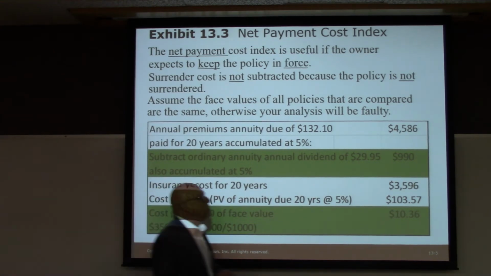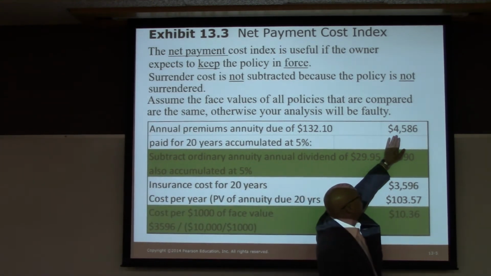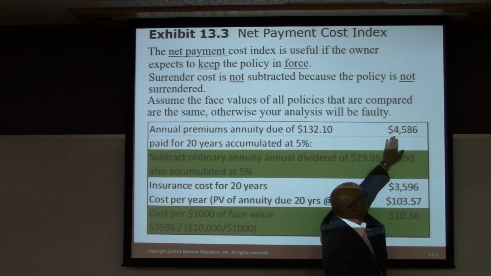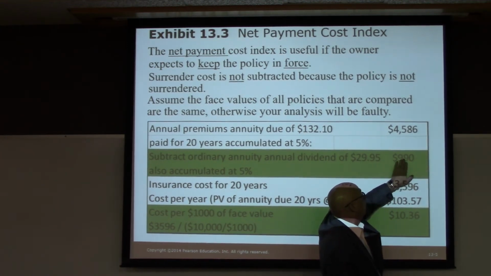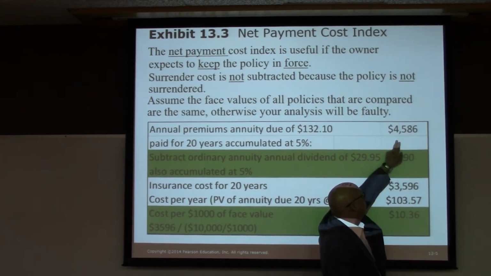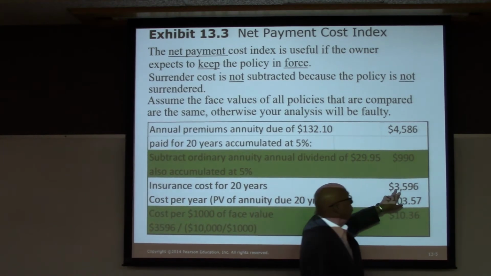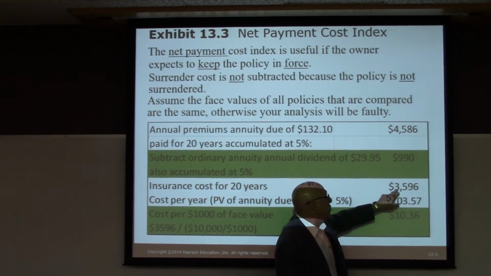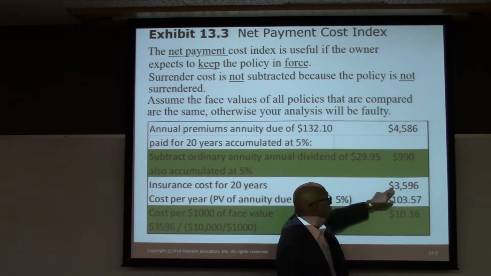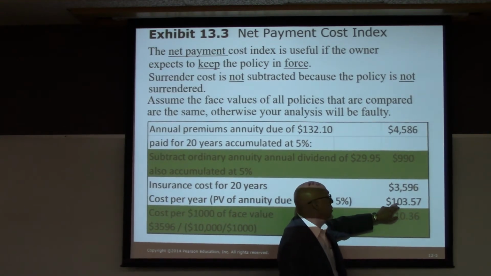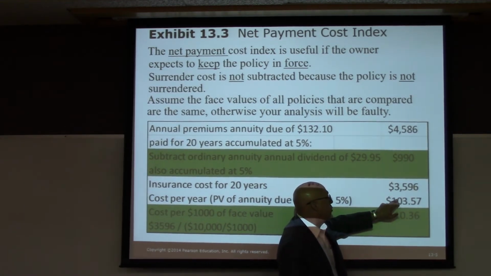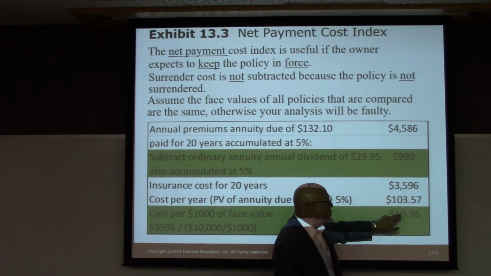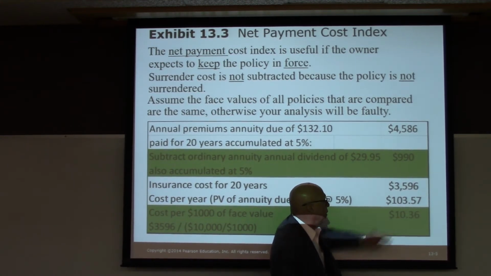Okay, so you do the same analysis. Your premium accumulates at 5%. Your dividends accumulate at 5%. You subtract your dividends out, and you get your total cost. And you divide your total cost by 20 years, and you get your annual cost. And then you divide your annual cost by 10, and you get your annual cost per $1,000 of coverage.